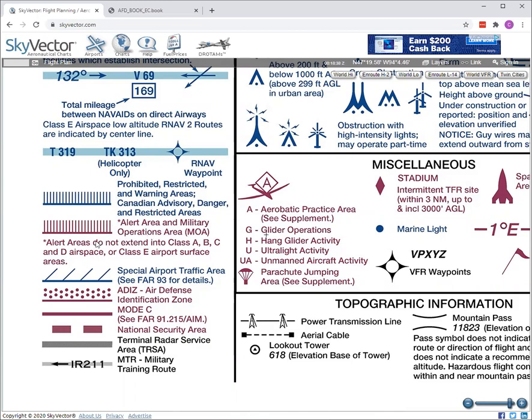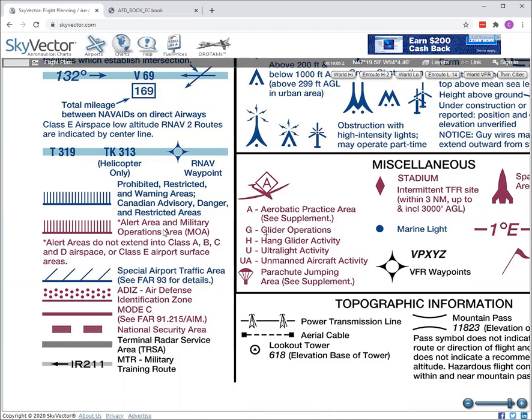Now, there are certain times in which these are active, and if you fly in one while it's active, it's possible that you could interfere with some of their activities, and they probably won't be too happy with you doing that. So it's one thing to be cautious about. It's not illegal to fly in a hot MOA, but you should definitely take that into consideration, because the people that are using that probably aren't worried about you.